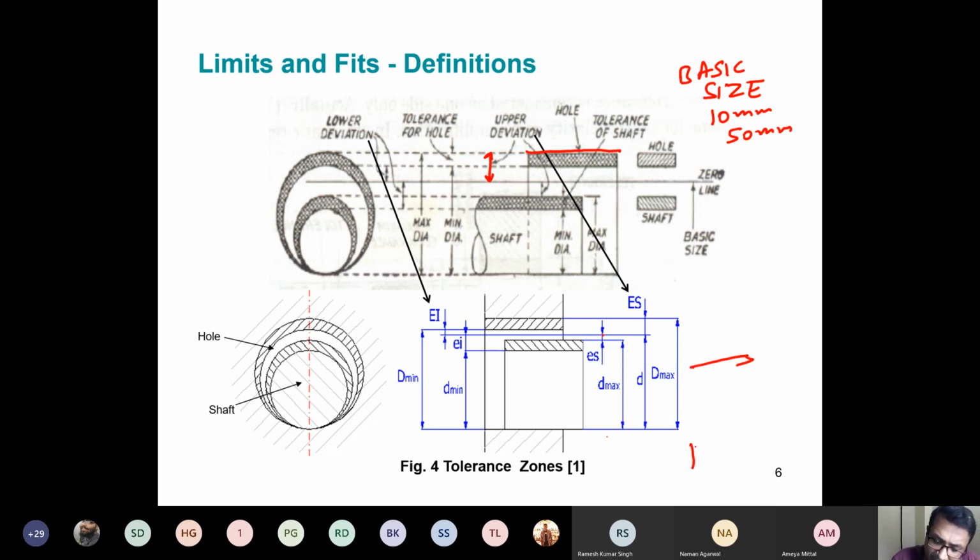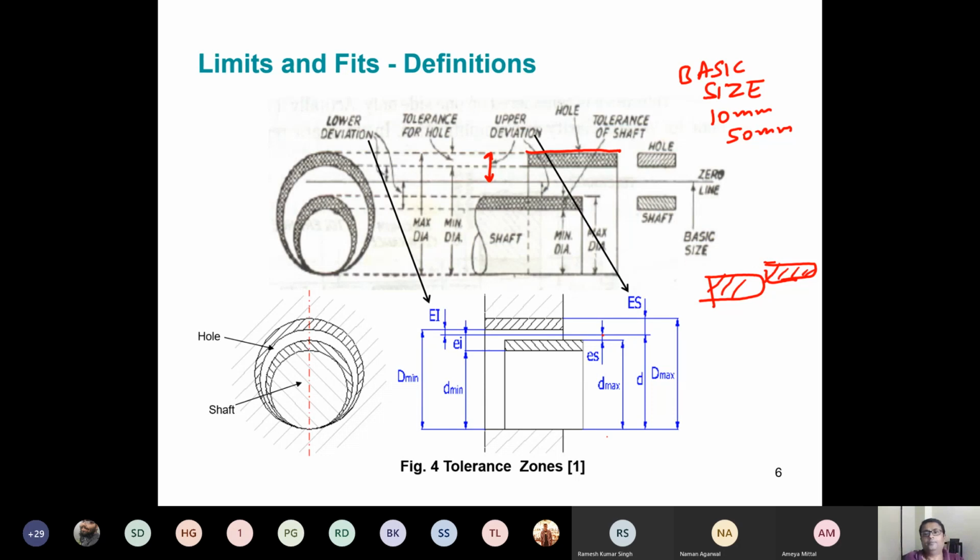So if you see, here, this is the hole. What if the hole is like this, and the shaft is like this? Let me make a thinner one so that it's more clear. What kind of fit is this?